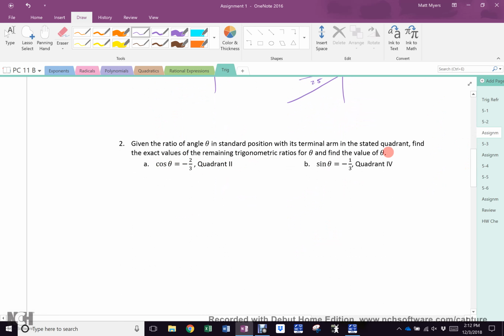Give the exact values of the remaining ones and find the value. So, if it's over here, that's got to be 3, that's got to be -2, which makes this the square root of 5. Positive. So sine theta is root 5 over 3. Tan theta is root 5 over -2.